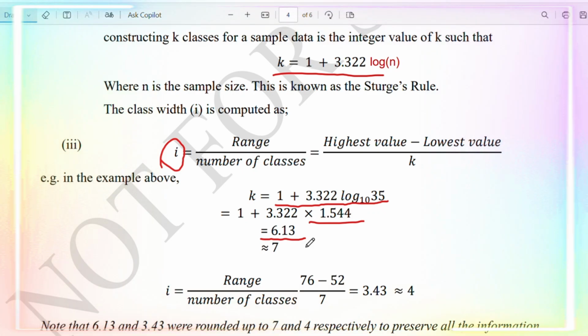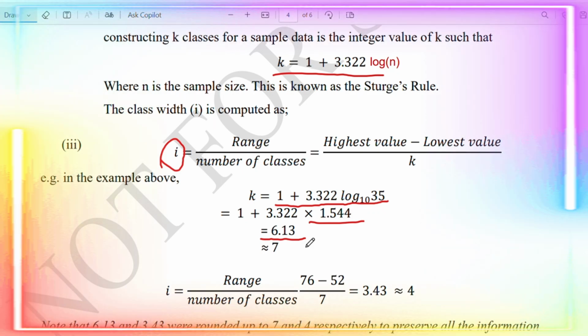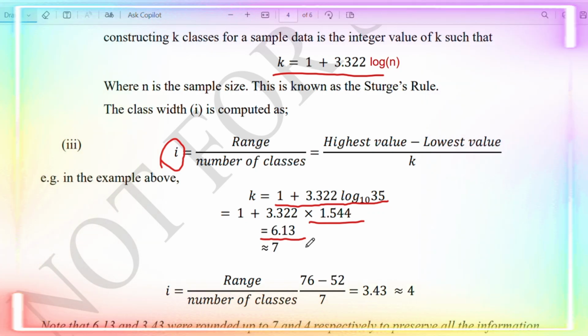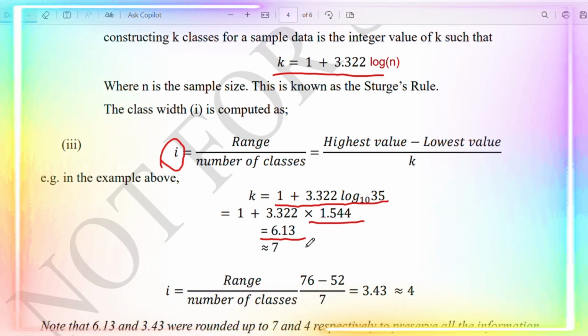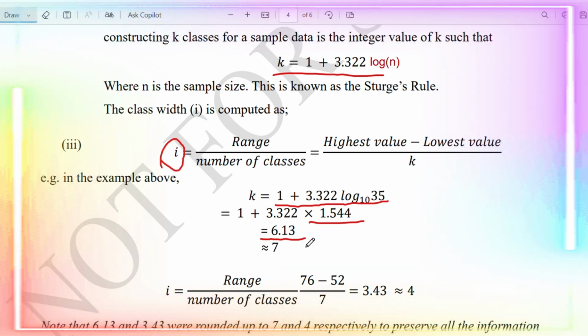6.13. Now, what we were taught is that when you have a value like this and you want to approximate it to a whole number, since after the decimal the value you have is less than 5, you round it off, and it will be 6.